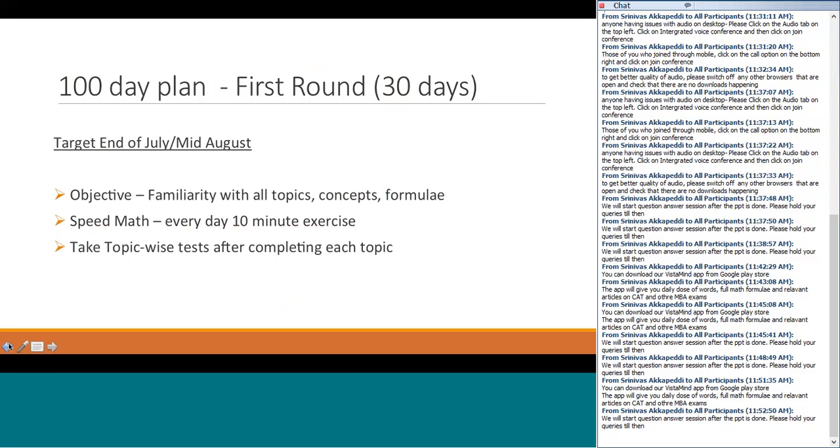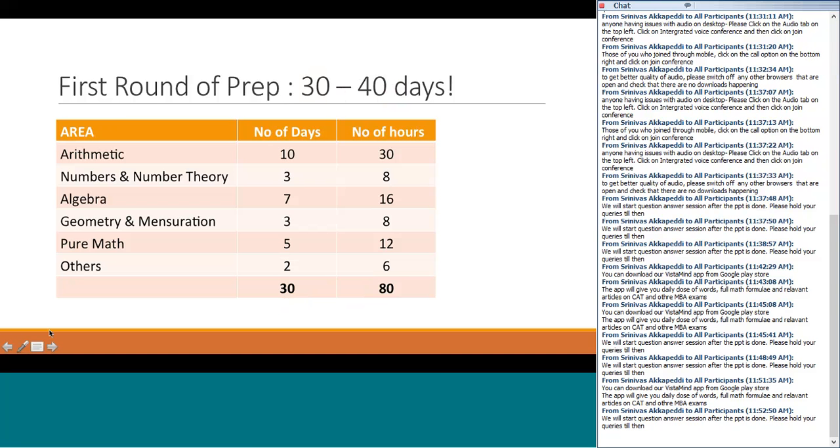Once you get the familiarity, believe me, you will be much better off because the second round will be a redoing of the same thing. Second round will be doing the same thing again. The familiarity becomes much more, and you will start doing much better in the mocks also. But the first step, quant, is doing all topics at least once.